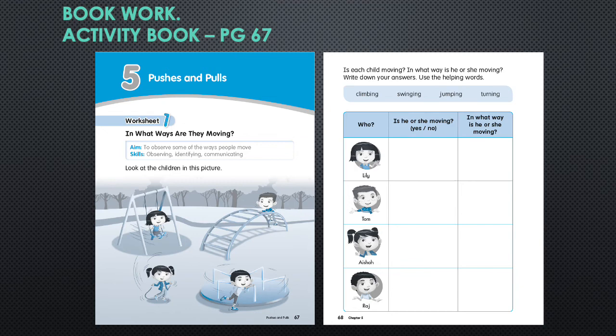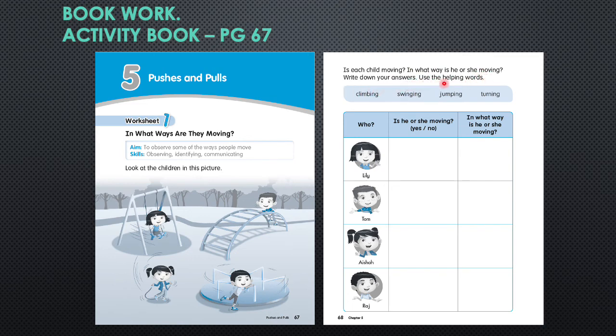Now I would like you guys to get your activity book, page 67, and I would like you to look at the picture. In what way are they moving? So look at each child in this picture. They're in a playground. They're playing different games with different rides. Is each child moving? In what way is he or she moving? Write down your answers.